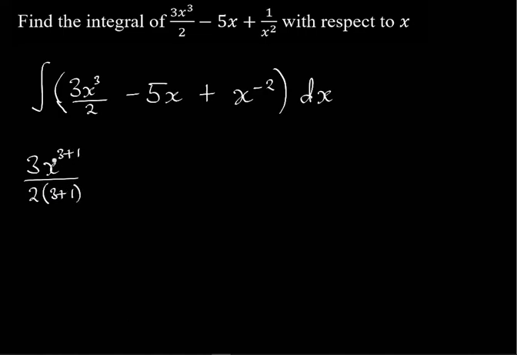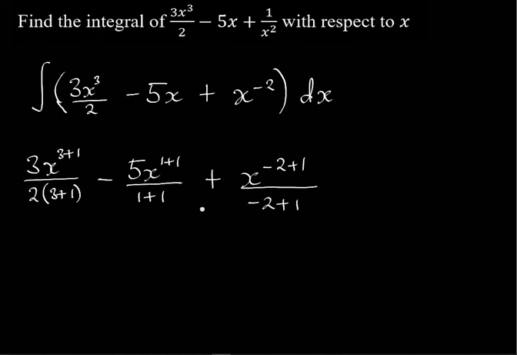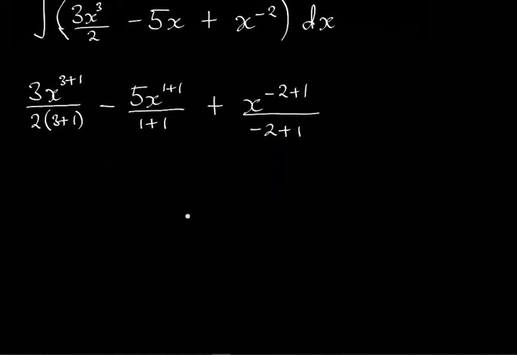Just copy the power of x in the numerator and multiply it by the denominator. Then here I've got 5x to the power 1 plus 1 over 1 plus 1, plus x to the power negative 2 plus 1 divided by negative 2 plus 1, and I can add my plus c at the end.